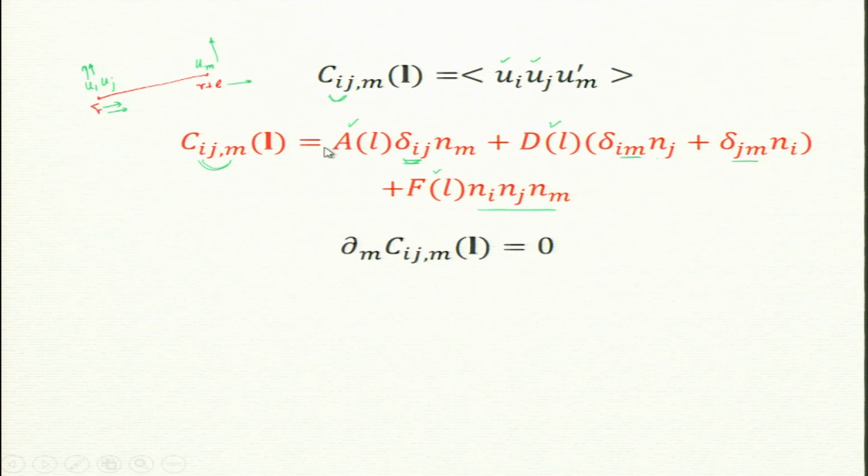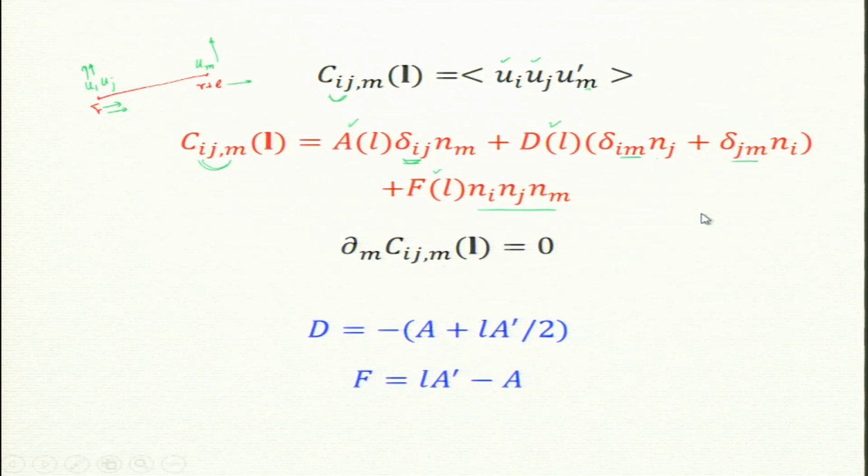Now I can also apply the derivative, the incompressible condition. The incompressible condition will act on the prime when I differentiate with respect to l. That is why I have it acting on m. Okay. Once I apply this condition on Cijm and do the algebra, you will get some relations, and these relations are the following.